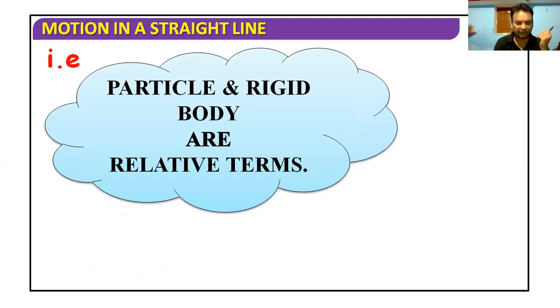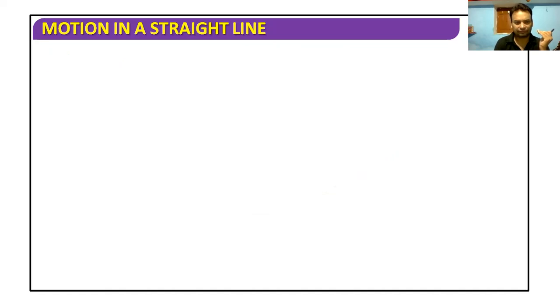If the distance between the object and the observer is small, then the observer can treat the object like a body. But if the distance is large, then the observer will treat the body like a particle. So whether a body is a particle or a body depends on the relative distance.